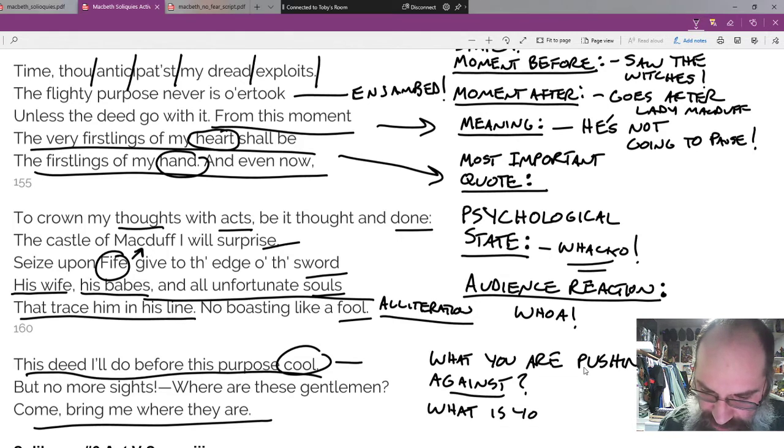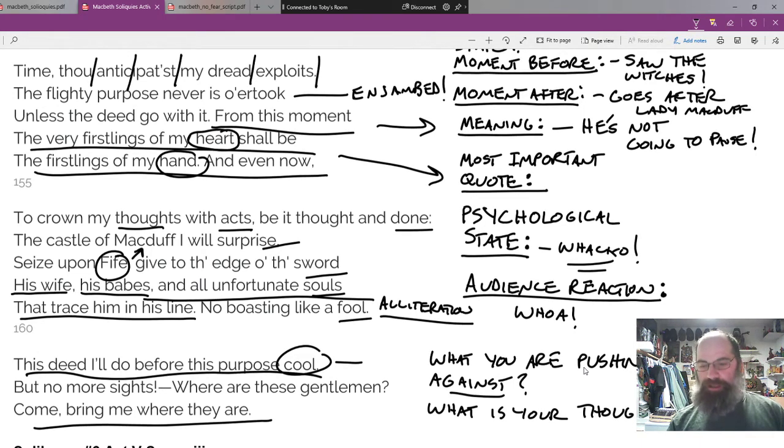What is your thought? So if you're writing about this, what's the idea we're pushing against? The idea we're pushing against is that Macbeth is cold and calculating, but he's not. He still has honor. He still has some honor. While many believe Macbeth is honorable, in reality, at this stage of the play, his acts have driven him mad.